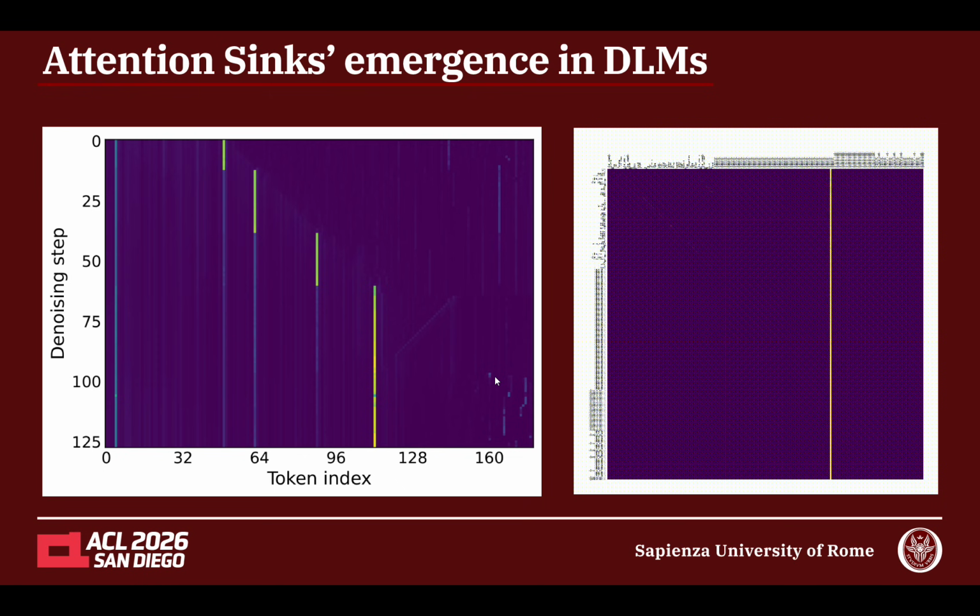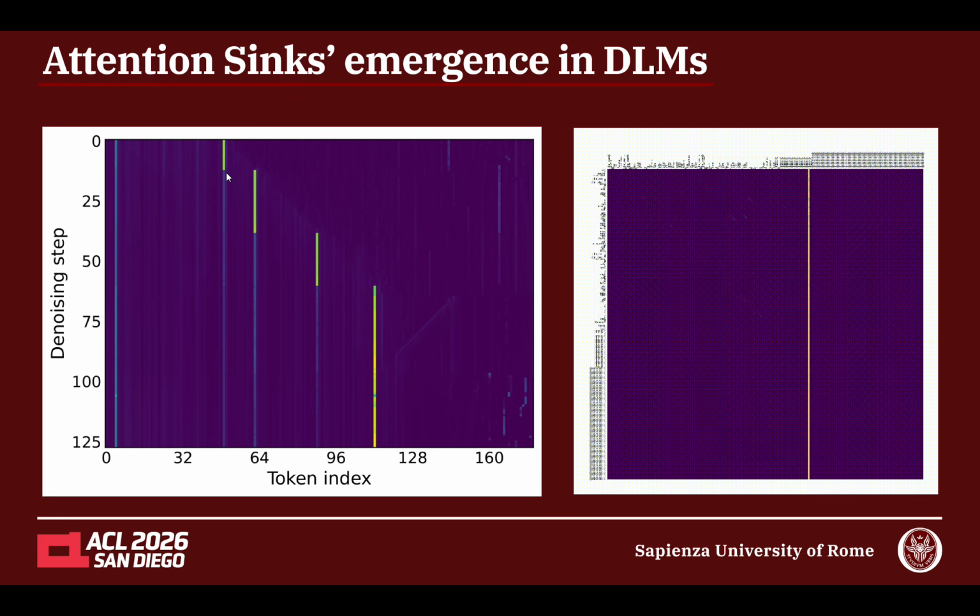As we can see in the picture on the left, here we are depicting the incoming attention averaged across the whole model of each token. We have approximately 160 tokens in the sequence, and we see that the bright lines are the tokens that concentrate most of the attention. And what we see is that the most important token, or at least the most attended one, moves across the noising steps.